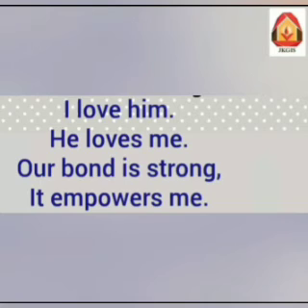I love him. He loves me. Our bond is strong. It empowers me. Here, can you tell me which pronouns are used? Yes, in the first line, we have I. I is used for myself, Doodle, and it is used in the naming part. Then we have him.